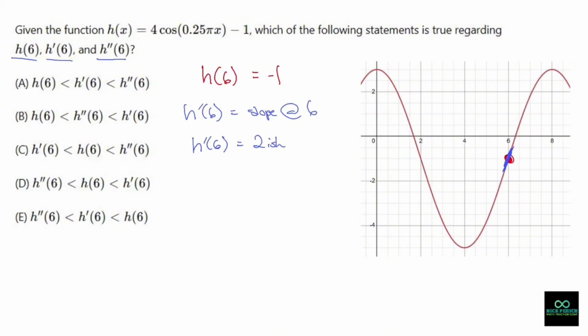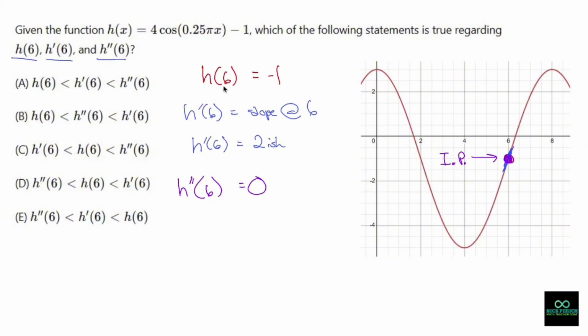Okay. Now, h double prime of 6 has to do with concavity. In this case, if I put a dot there, it looks like there's a change in concavity, which means you are at an inflection point. So h double prime of 6, since it's an inflection point, is 0. That's where concavity changes.